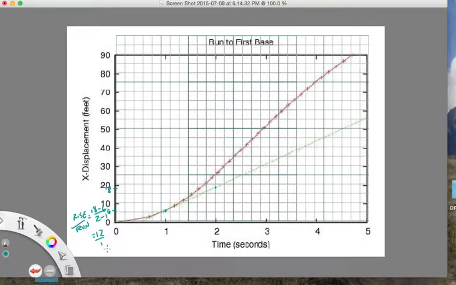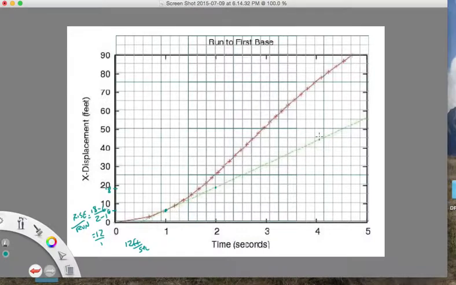That's a slope of 12. For every 1 second, you're going up 12 feet. So 12 feet per second. That is your instantaneous velocity at 1 second.